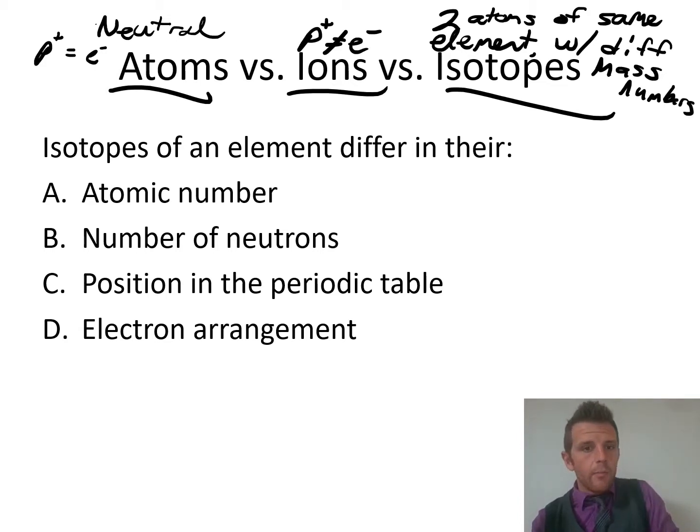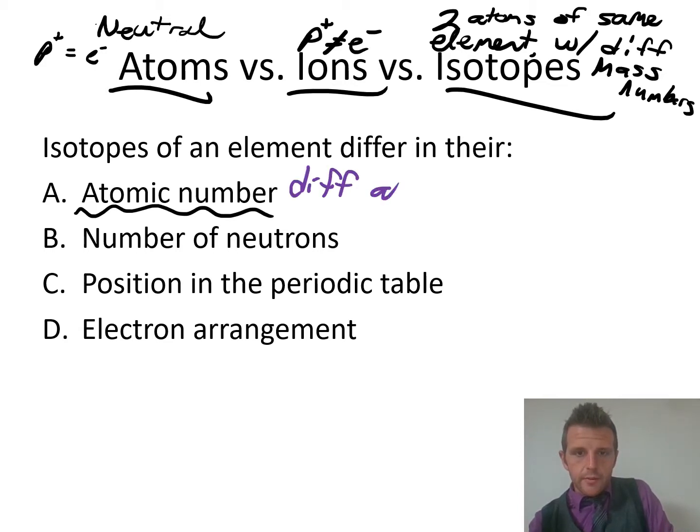So if you have something that differs in atomic number, so I'm examining A here, if you have different atomic numbers, then you would have different elements.